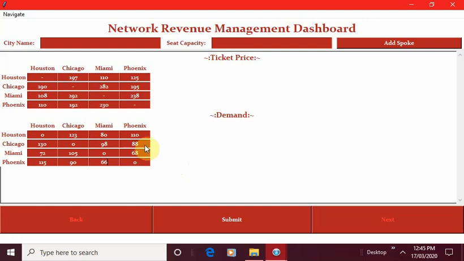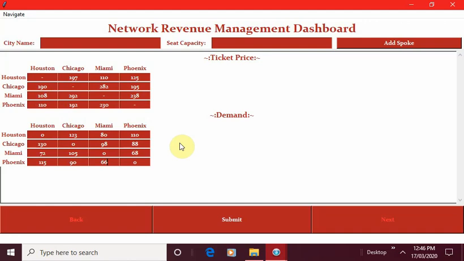So when we submit this data, these fares are calculated. The allocations will happen based on the ticket prices entered here. Houston has the lowest ticket prices, and based on all the fare structures and the demand, the allocations will be done.